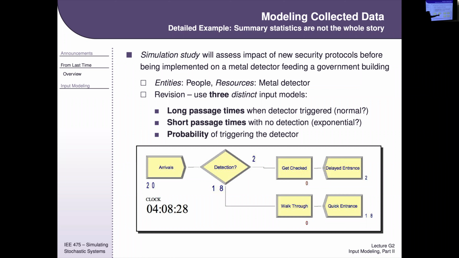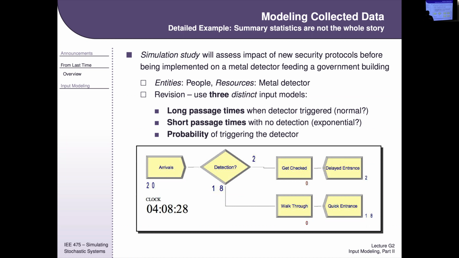But then the few that get flagged, they then get checked, and this check process is the process of them actually maybe getting the wand or getting patted down, and then they get the delayed entrance. And so this maybe explains my bimodality here.